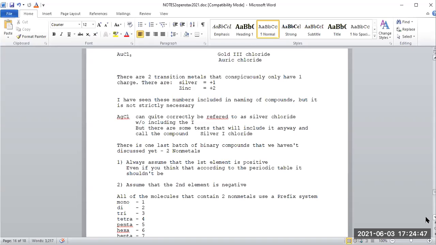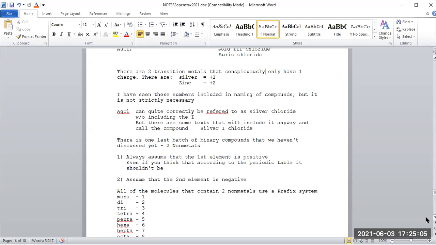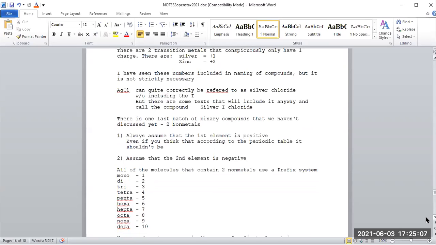And yes, there is a way to combine 2 metals. They are known as amalgams, and that is a much higher level of chemistry than we are going to address. So pretend that that's not a possibility. We're going to focus on the 2 nonmetals variety.